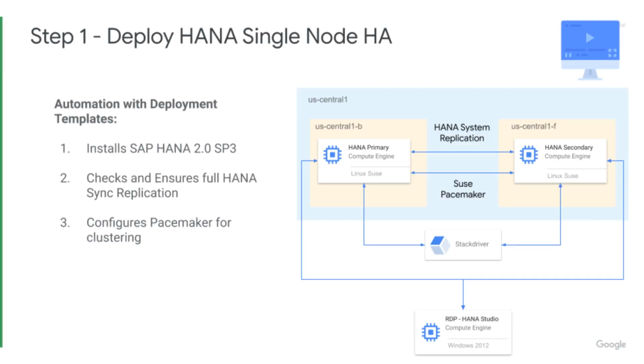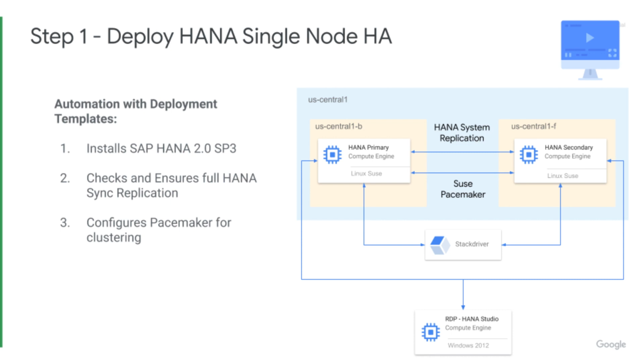Step 1, as you can see, we will basically use one of the deployment managers that we spoke about earlier to deploy a HANA single node HA environment. So basically we will deploy two HANA instances in two different zones in our US Central region, US Central 1B and US Central 1F.